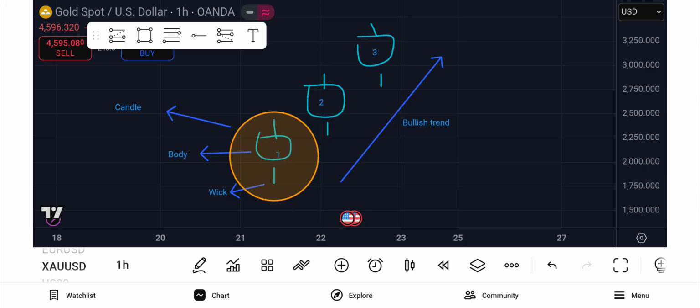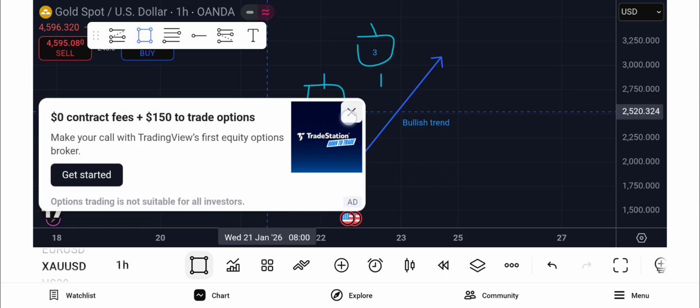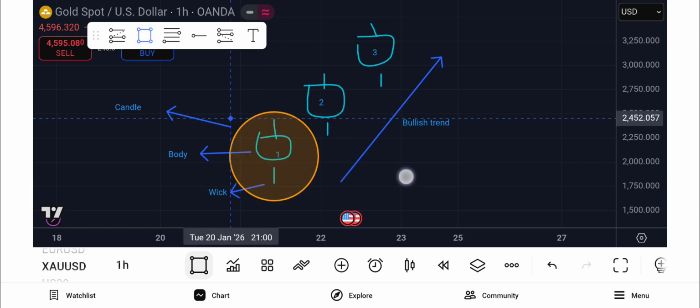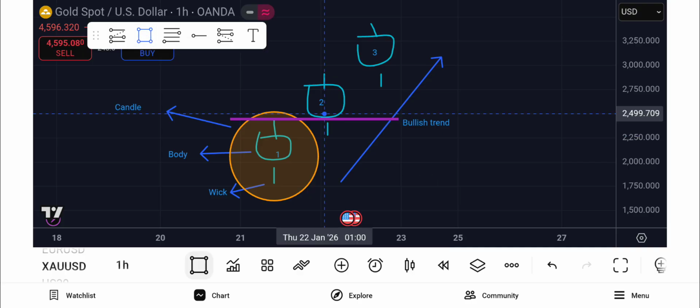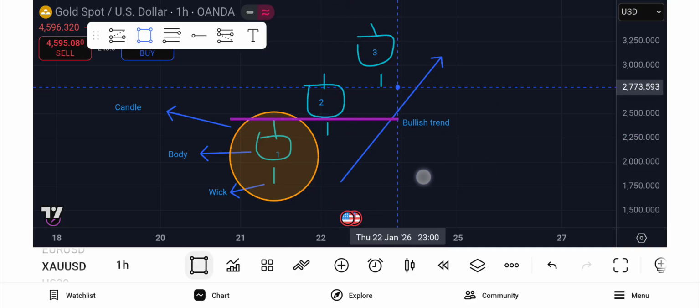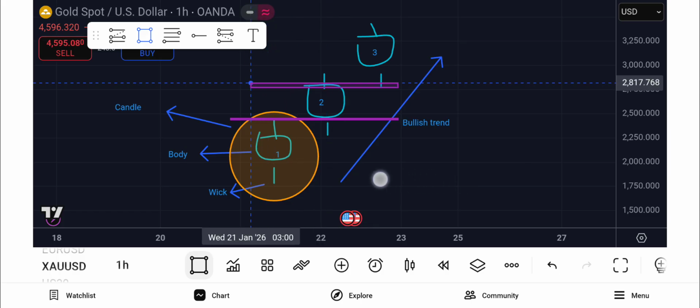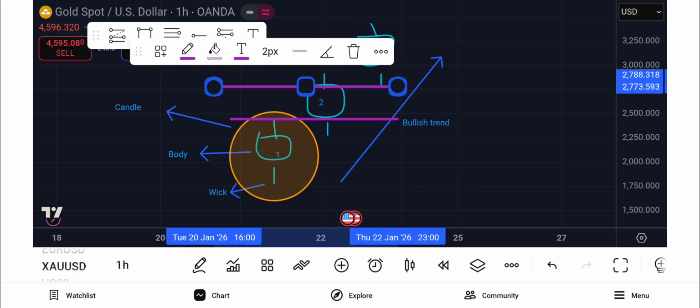what we're gonna have to do is basically draw a line from the wick of the first candle, right, as you can see, and then we're gonna grab the line from the wick of the third candle, right?